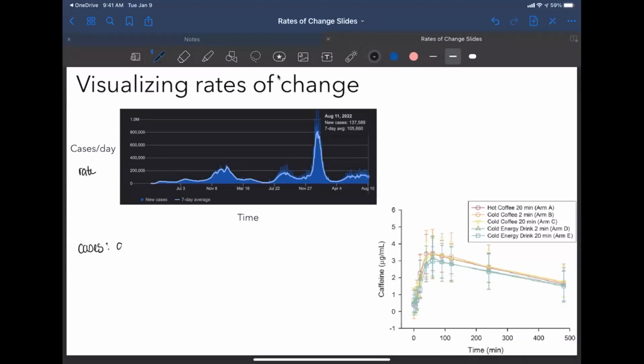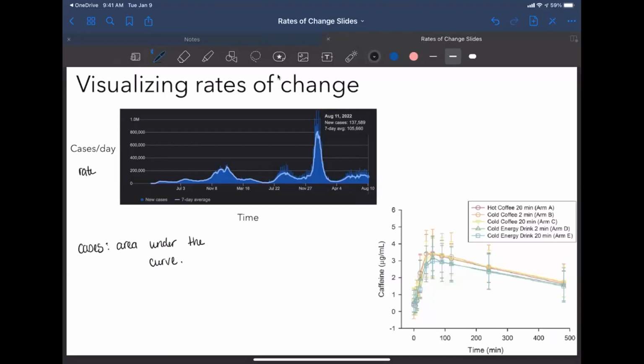So to get cases from this example, we would get the area under the curve, because the number of COVID cases is always increasing, just the rate at which it's increasing varies, and that rate is what is plotted here.